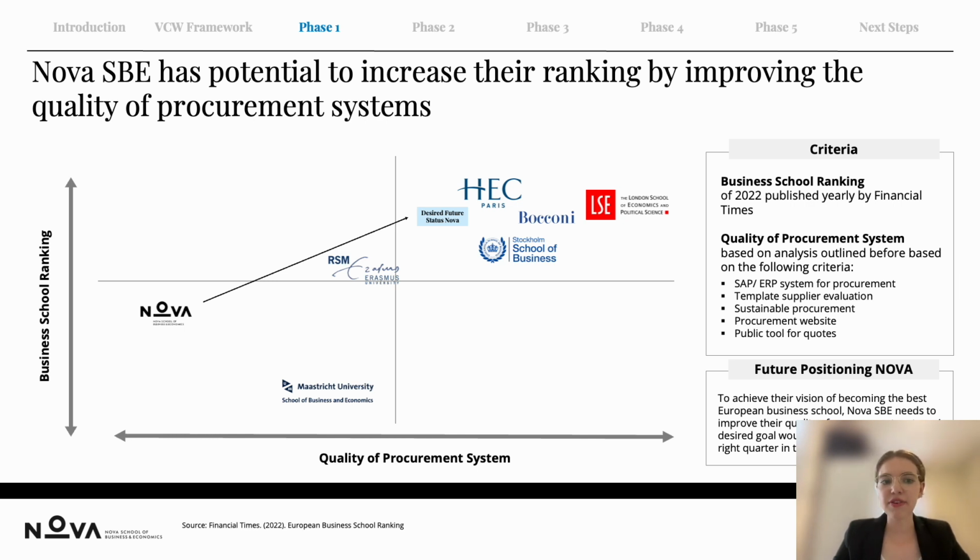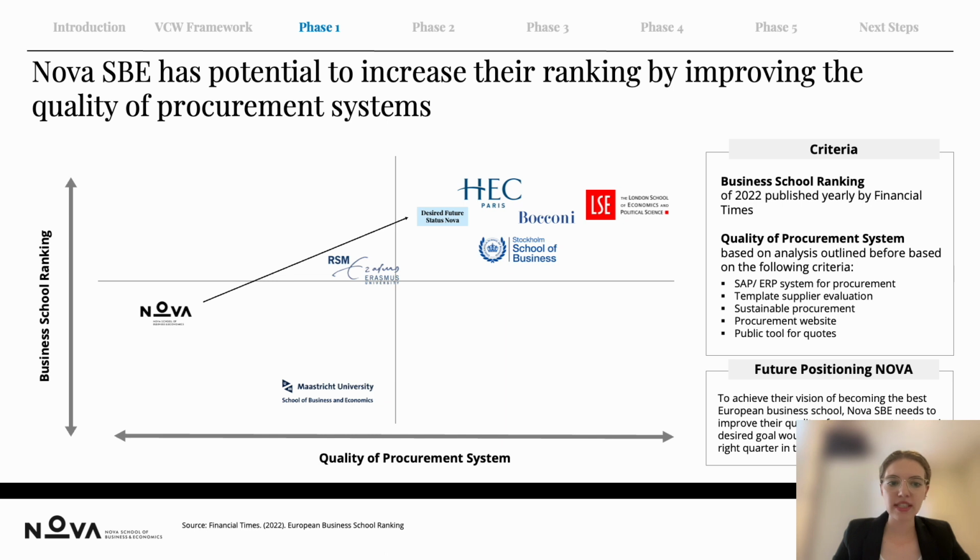You can see that for Nova there's quite some room for improvement. The light blue box demonstrates the desired future status for Nova, and that's also the goal of our project.